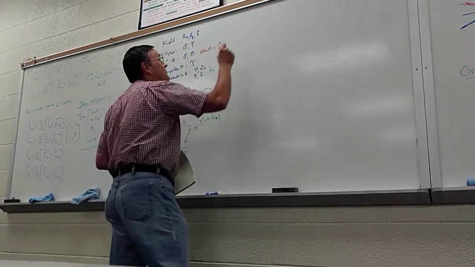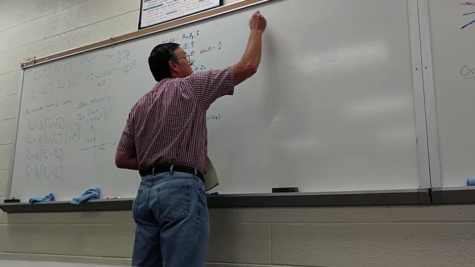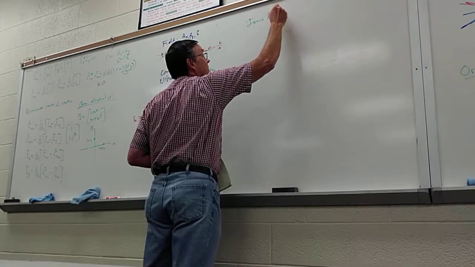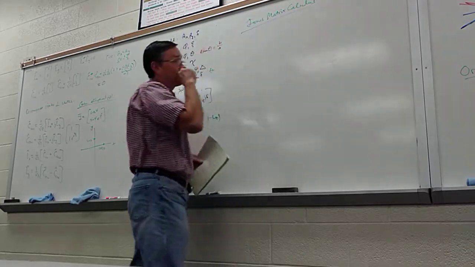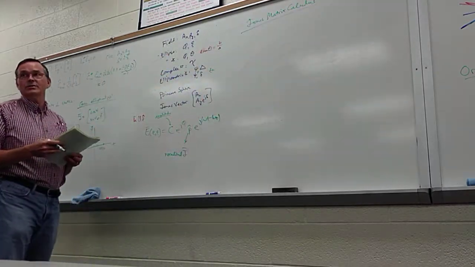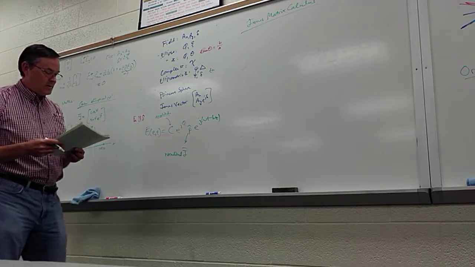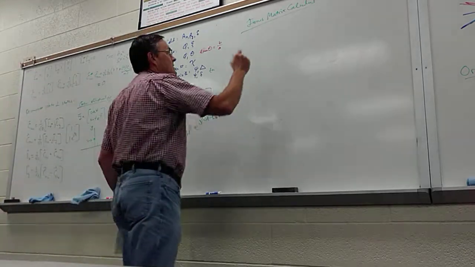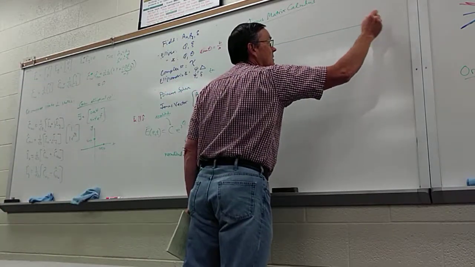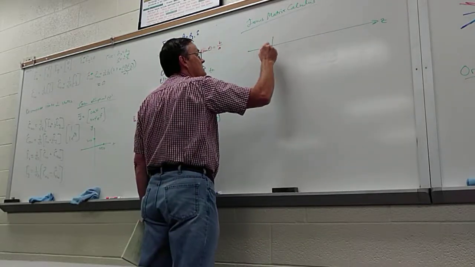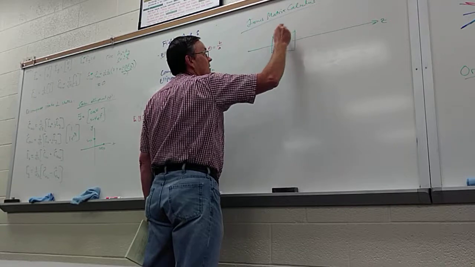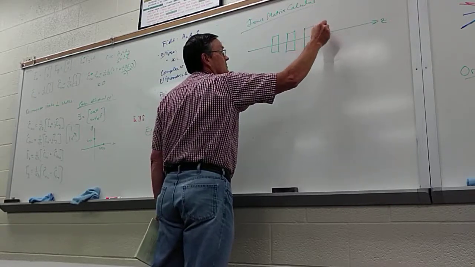Okay, so we'll introduce the Jones matrix calculus. And then we're going to spend a lecture or two on how to use it. So basically, I have some optical system, and I can represent that optical system as a series of elements along the z-axis.